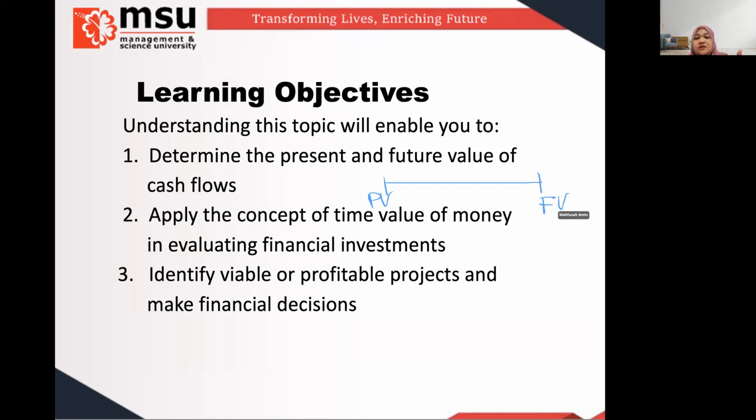And apply the concept of time value of money in evaluating financial investments, identify viable or profitable projects, and make a financial decision. This is what is expected from the student to learn from this topic.